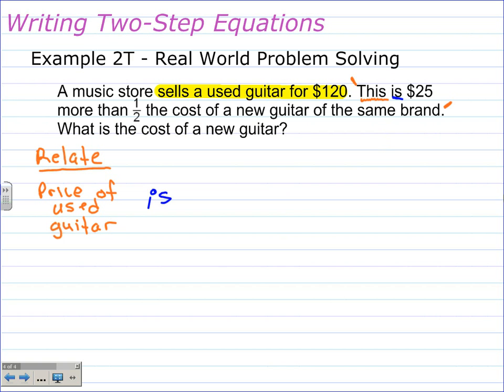Then here we have $25. Then more than one half the cost of a new guitar.